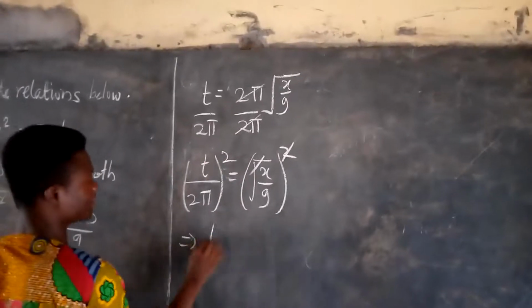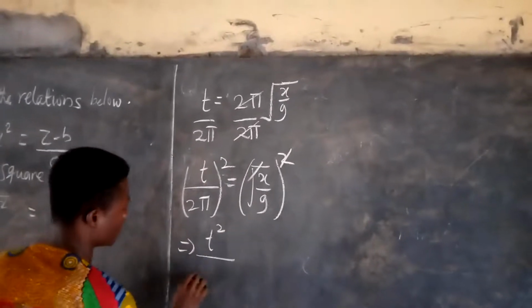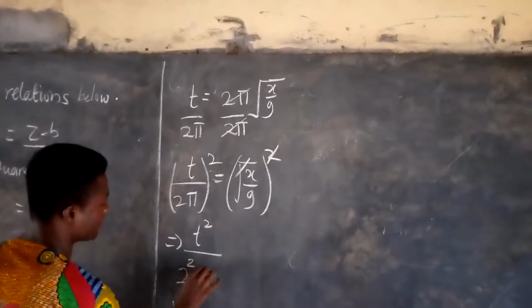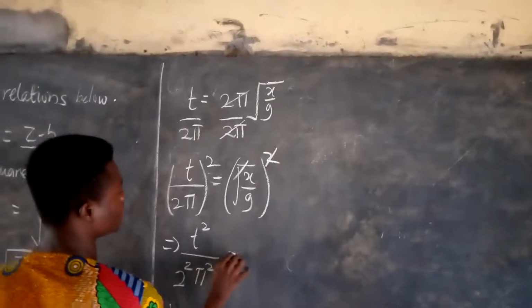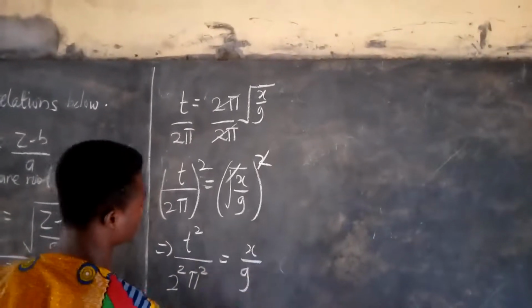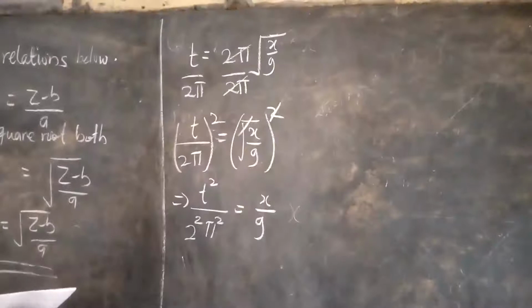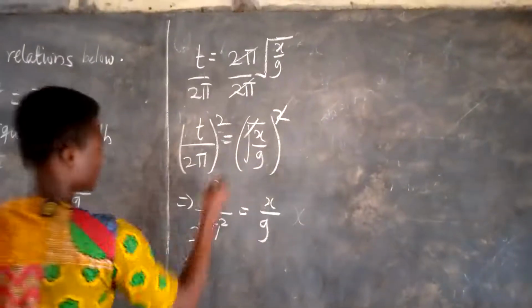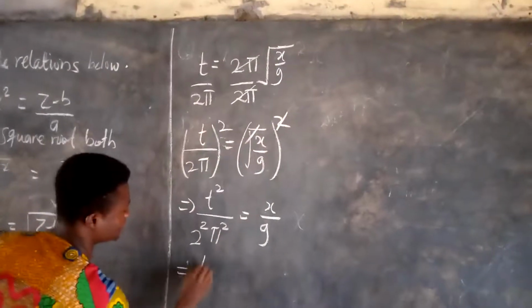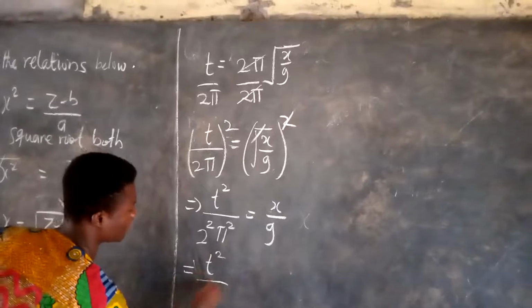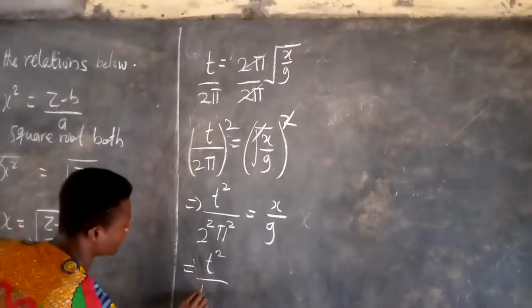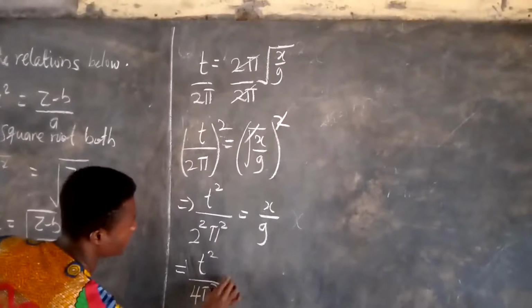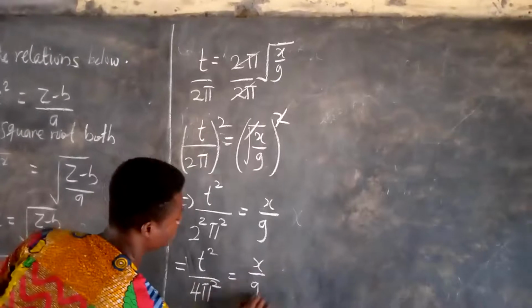So we have t raised to the power 2 on 2 raised to the power 2 and pi raised to the power 2 is equal to x on g, because now the root has been done away with. Simplifying this, we get t squared on 4 pi squared is equal to x on g.